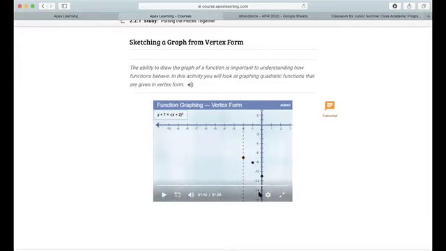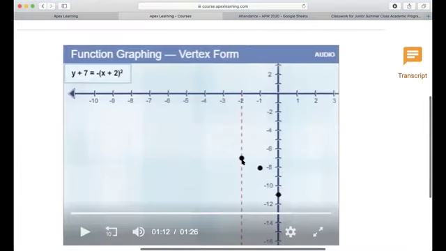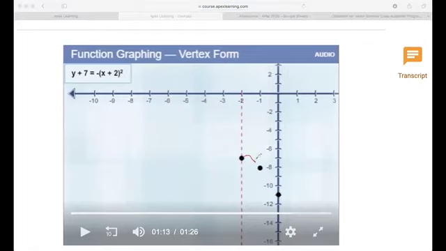Okay, so then once you've got 3 points, or 2 points on one side of the vertex, all you have to do now is remember, we reflect across this line here. So it looks like we went over 1 and down 1 to get to this point here. So we go over 1, down 1. Here's another point, okay?